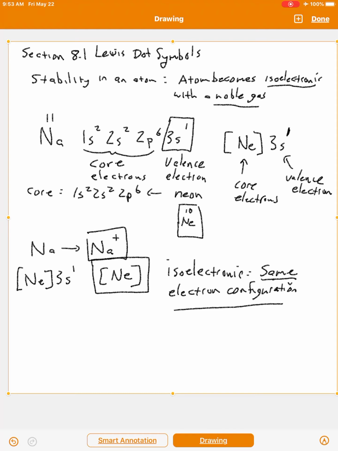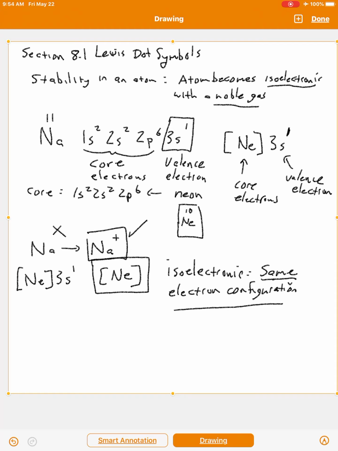And according to G.N. Lewis, when an atom becomes isoelectronic with a noble gas, it becomes more stable. So we would argue that in water, the sodium ion is stable, but the sodium atom is unstable, because the sodium ion is isoelectronic with the neon atom.